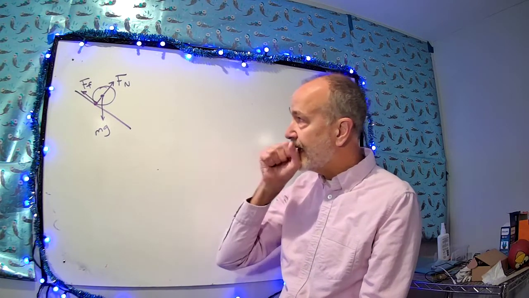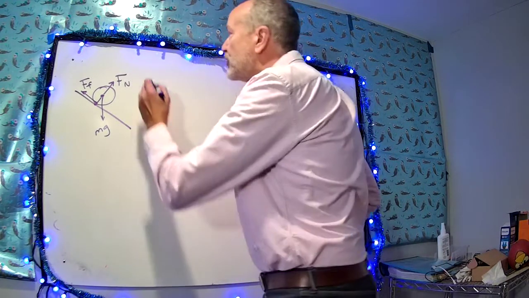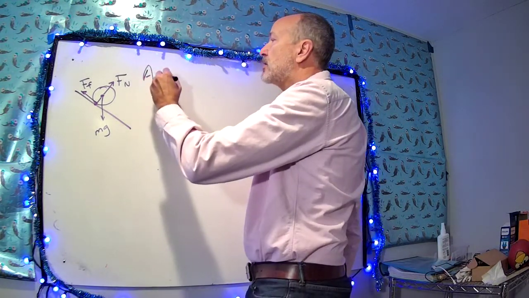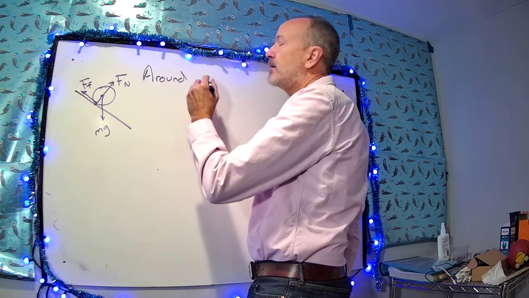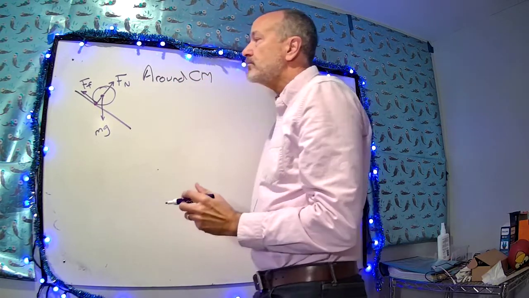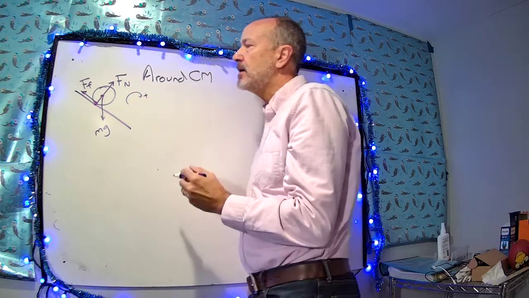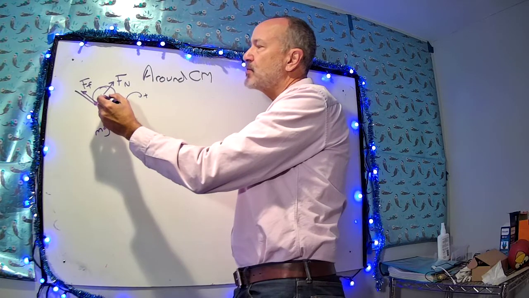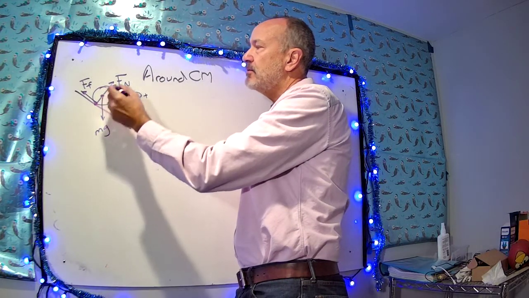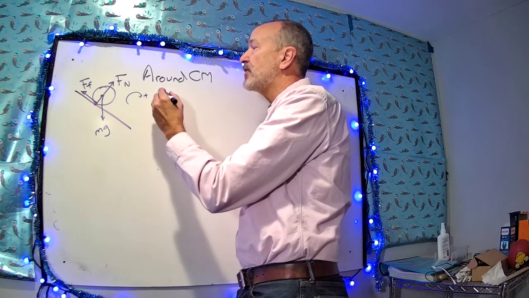So if we wanted to look at what makes this rotate, let's do it around the center of mass, and let's call this direction positive. Once again, mg doesn't cause any rotation, normal force doesn't cause any rotation, but the force of friction does.